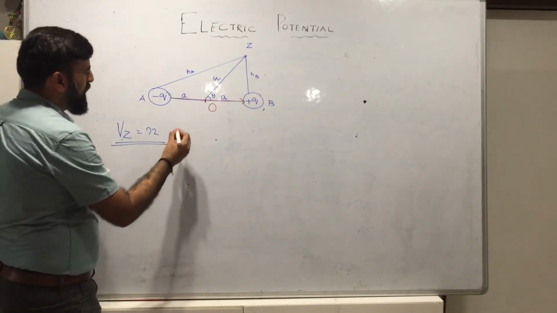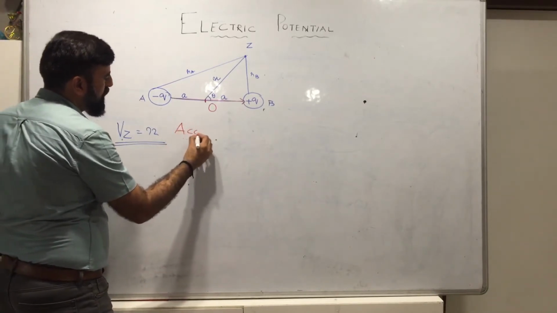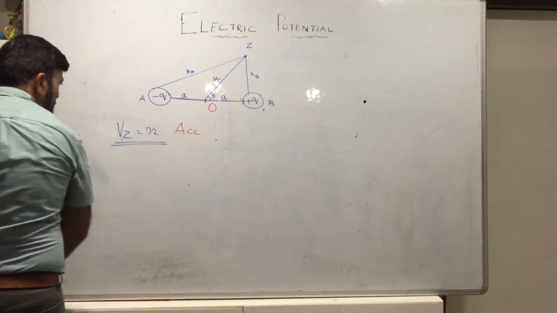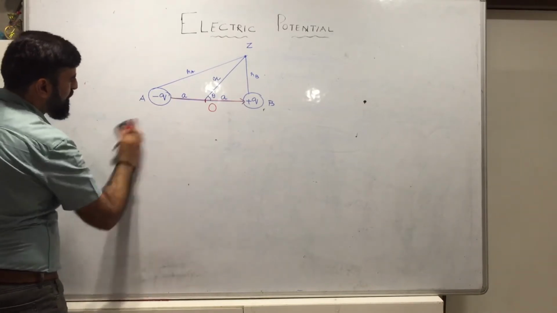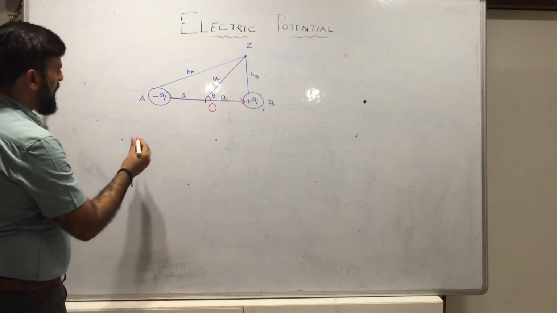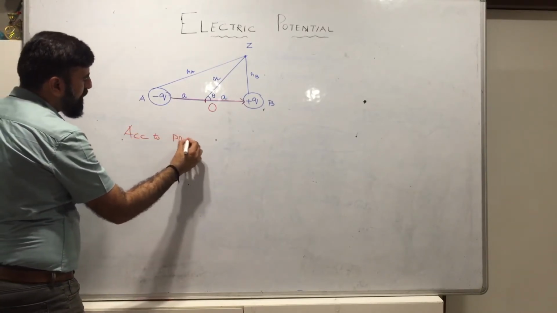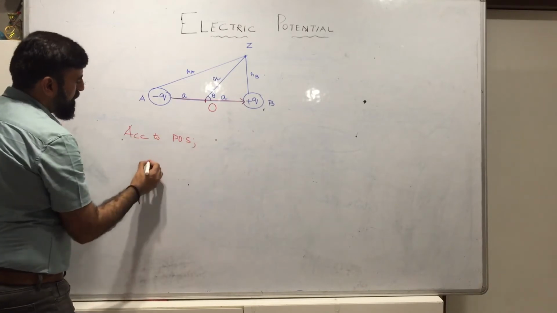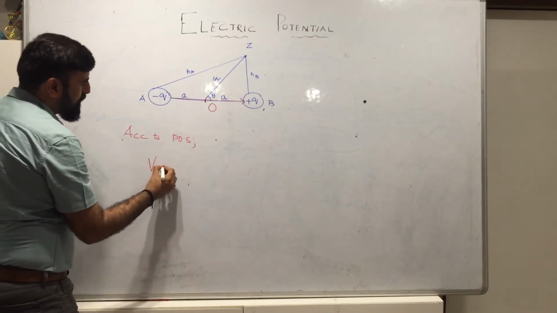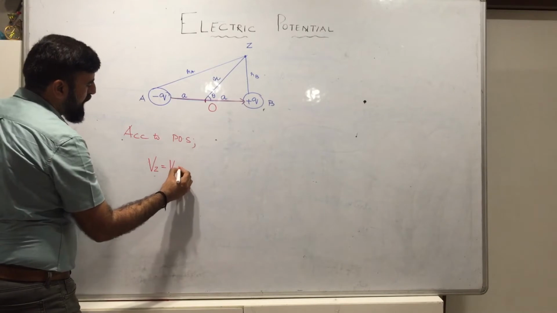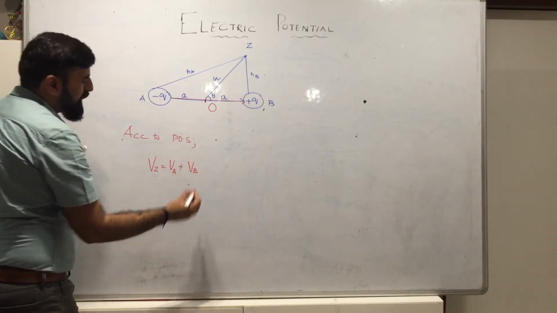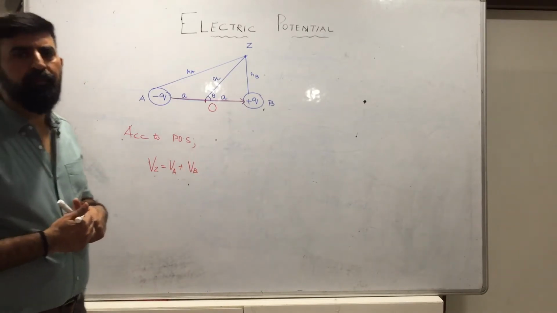Now, potential at Z I have to find out according to the principle of superposition. Potential at Z is what? It is potential due to A plus potential due to B, isn't it? Simple superposition.